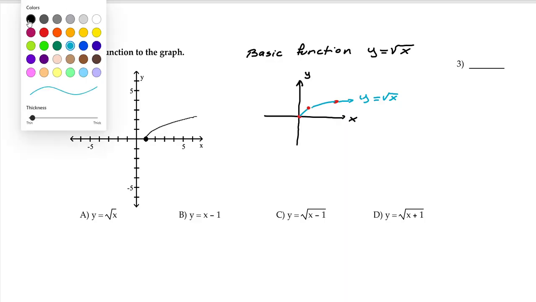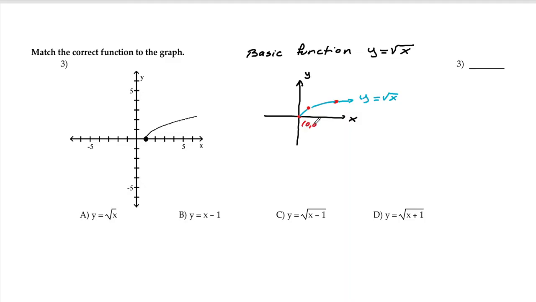And the characteristic points that we have in this case are 0, 0, 1, 1, and 4, 2. Now, where is this point in the new graph? This point here is at 1. So this point was moved one unit toward the right.